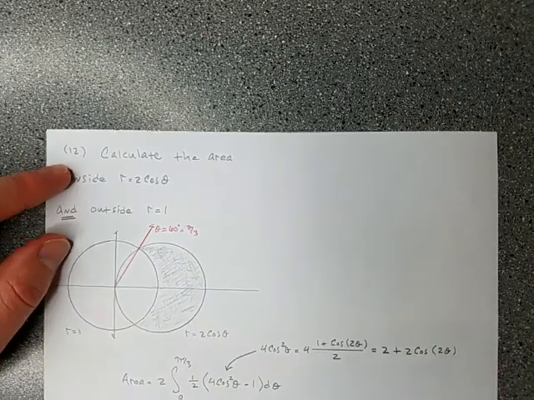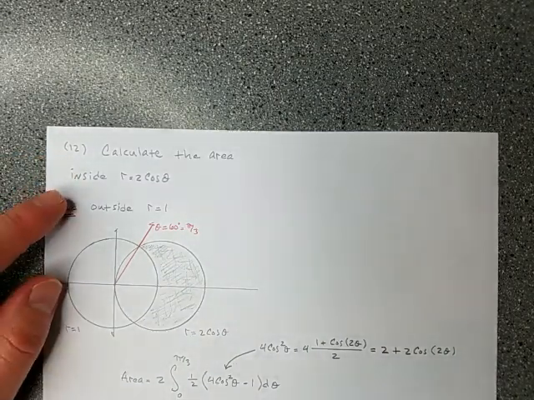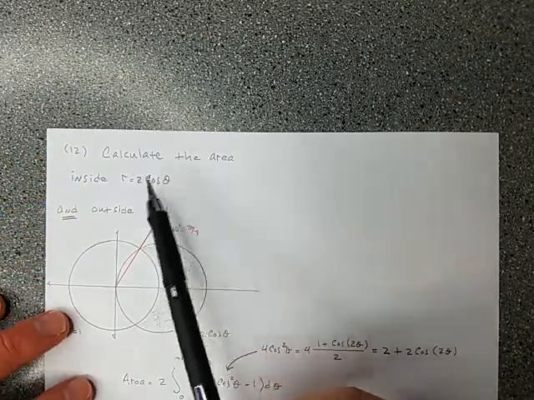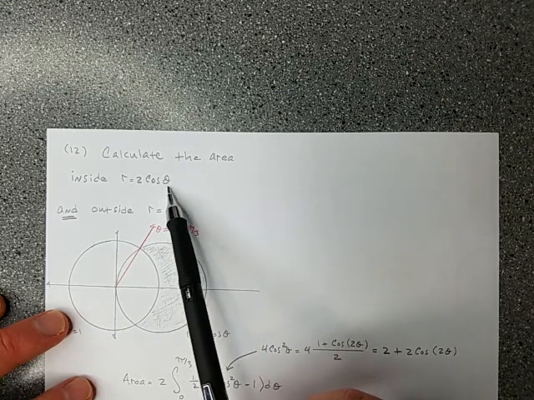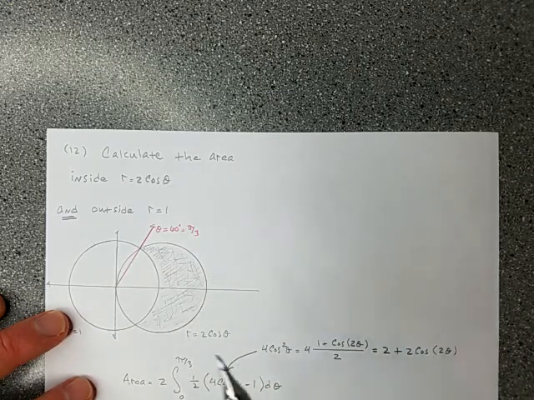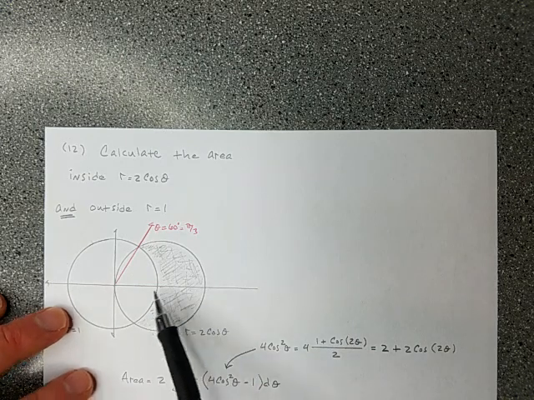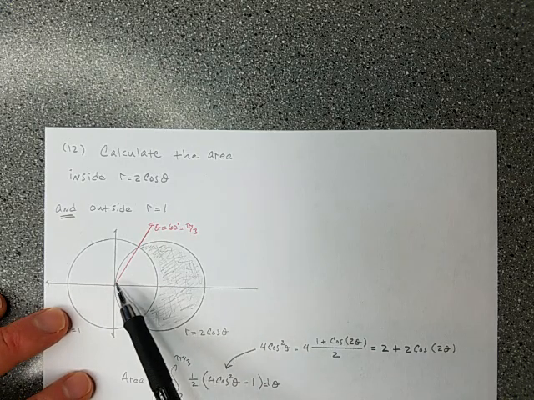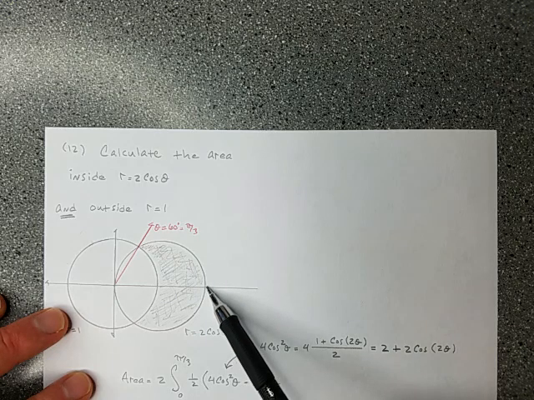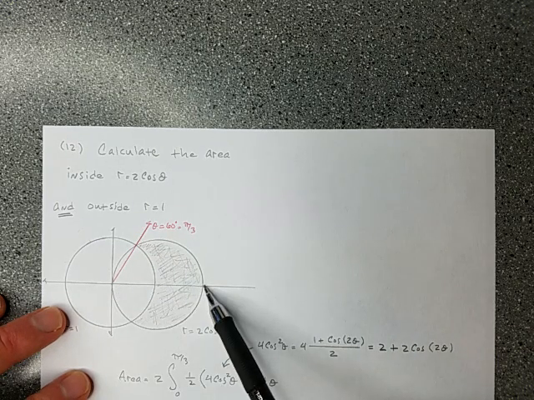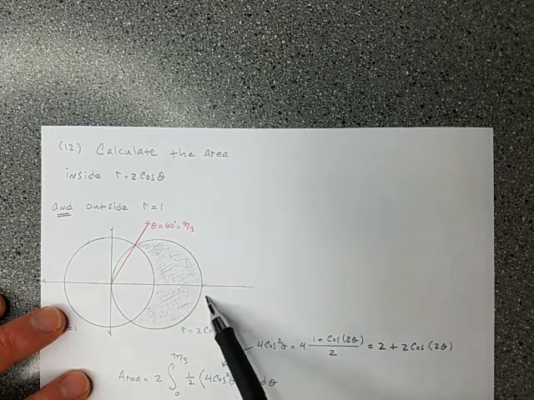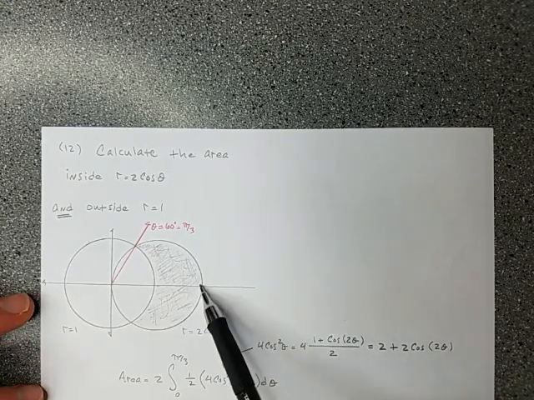So let's look at 12. Somewhat similar question about area calculation. It says calculate the area inside r is 2 cosine theta, but outside r is 1. So here's r is 2 cosine theta in polar coordinates. It's a circle that has a diameter of 2. This point right here is radially a distance of 2 outward. So this circle has a radius of 1. It has a diameter of 2.